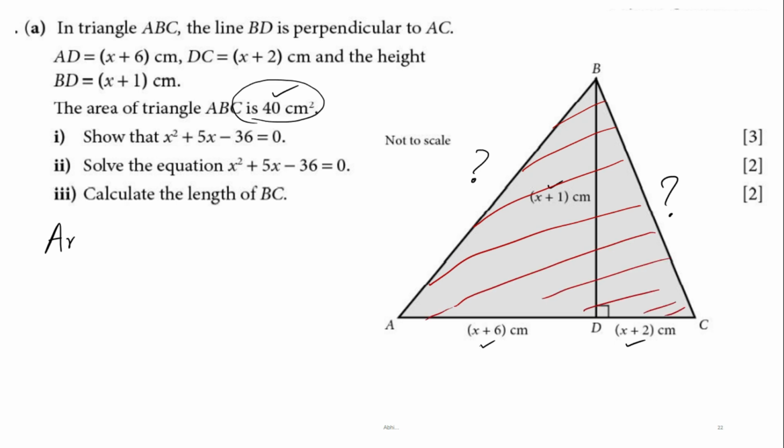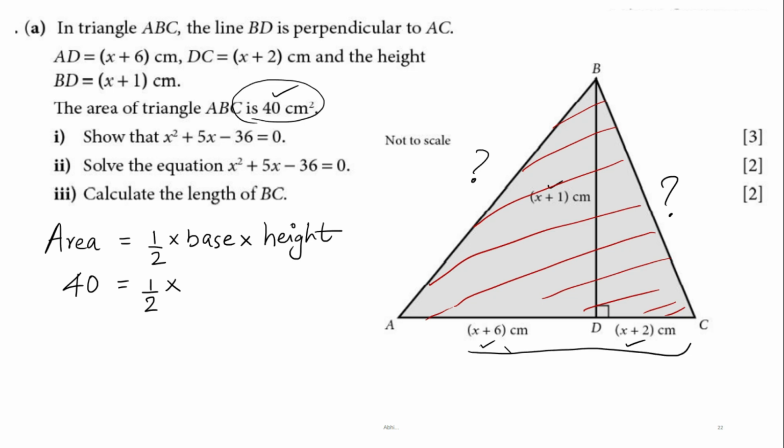So we start with making the equation where the area of the triangle is half times base times height. Now the area here is 40 equal to 1 over 2 times the base. Now this is my base, which is AC, and you have the measurements given in terms of x here.